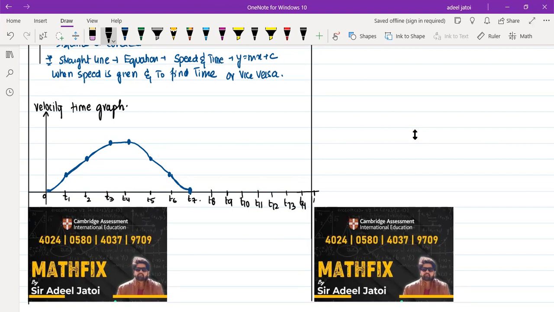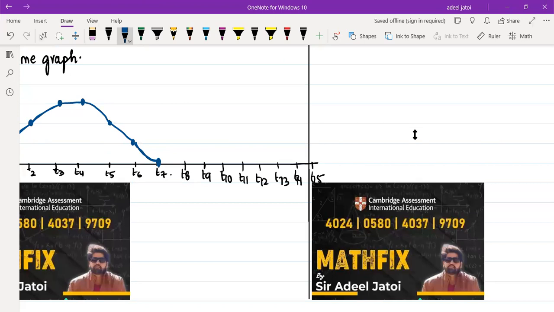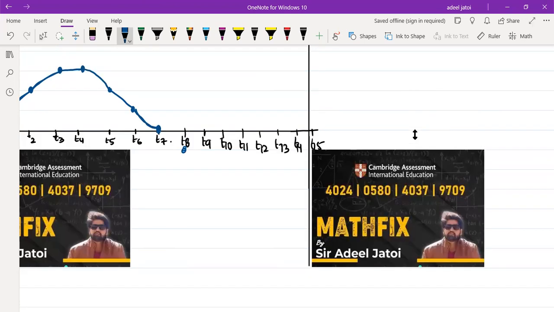Right? Let's just mark the pointers as well to be sure. T8, T9, T10, T11, 11 to 12. This will be your normal form.